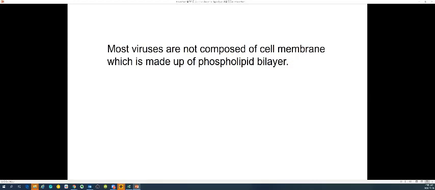Okay, this is not true. I already told you, I didn't know this either. When I asked the virus scientist about this, how many viruses have a membrane? That so-called expert says it's not clear, but I feel it's like half and half. Half of the viruses have a membrane, half of them don't.